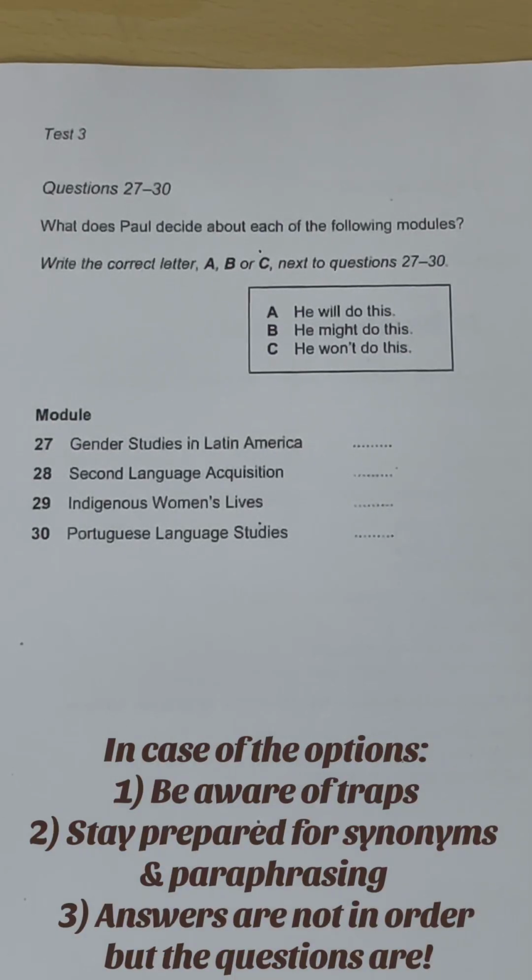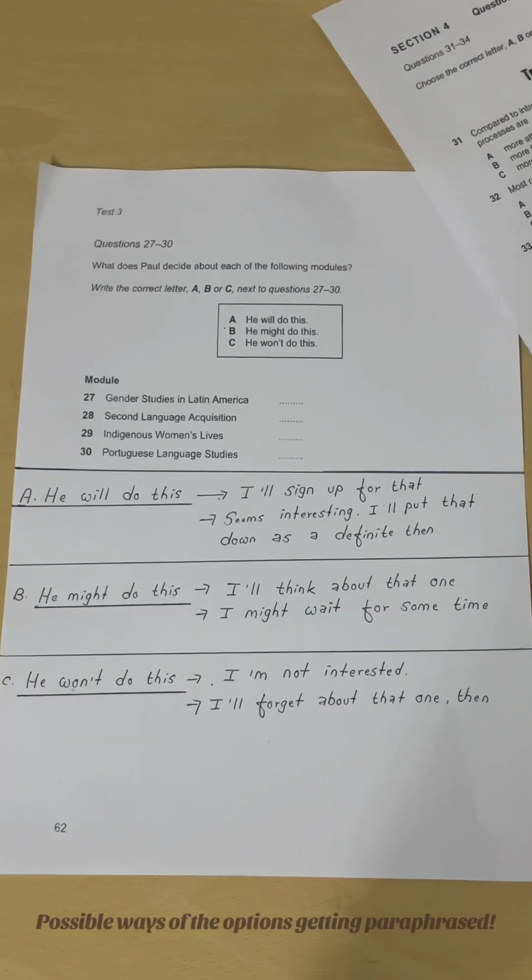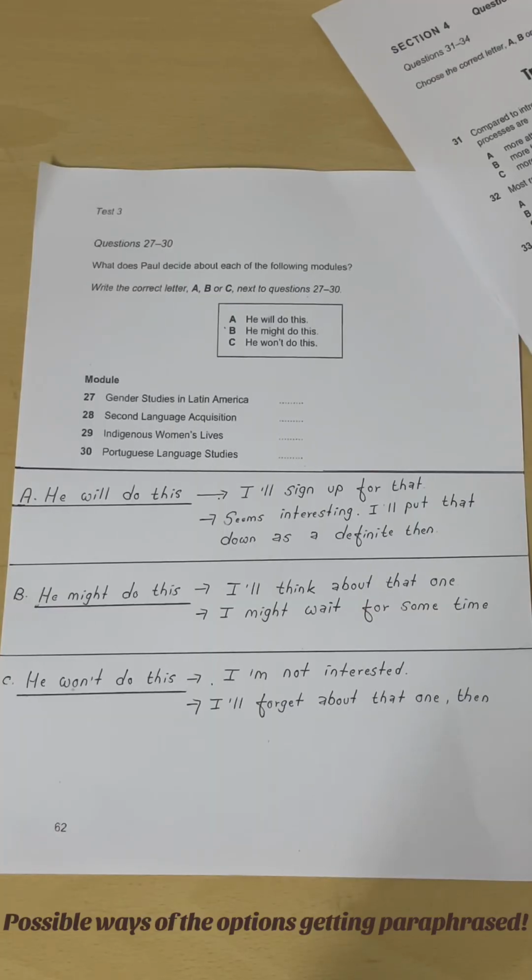You will not hear Paul saying, I will do this, I might do this, or I won't do this. These sentences are mostly paraphrased using synonyms and traps. Let me give you some insights on how the options can be paraphrased.